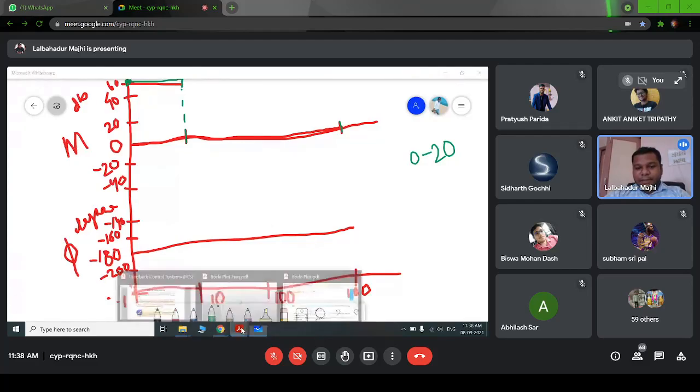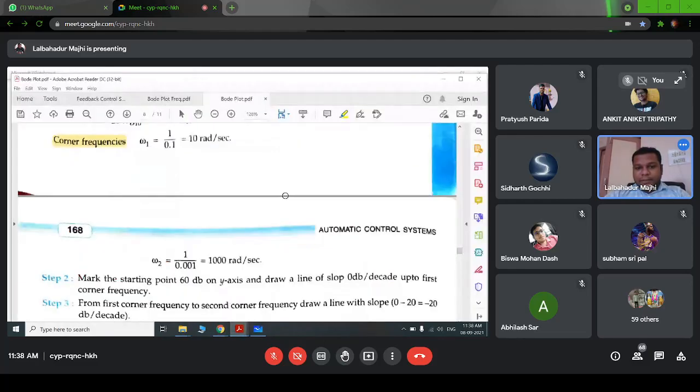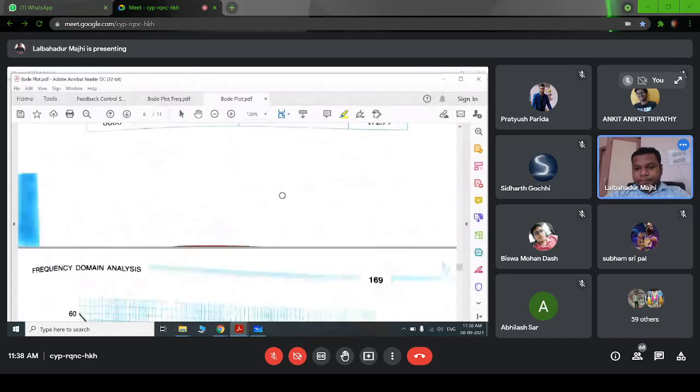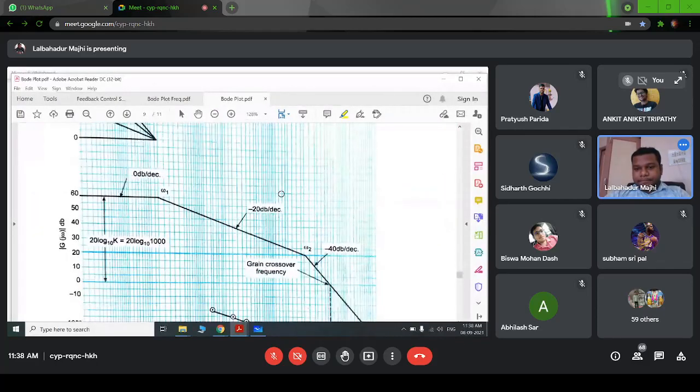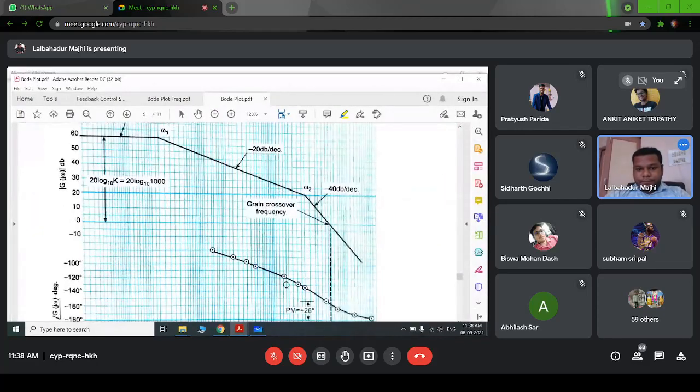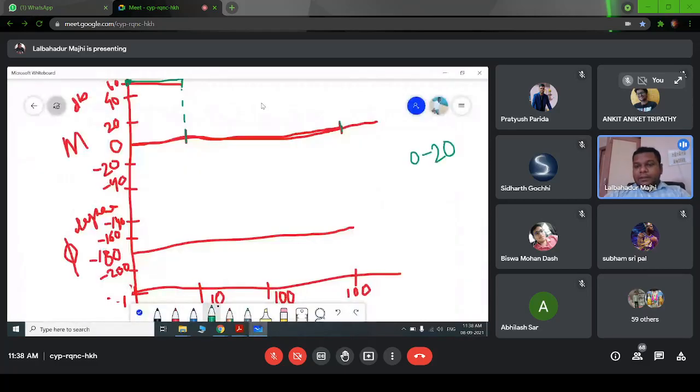So we have to add a slope of minus 20 dB up to the next corner frequency. It may not intersect this corner frequency exactly.